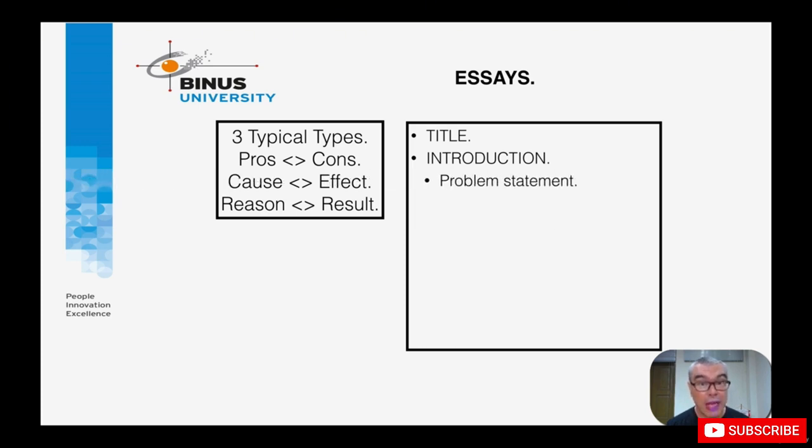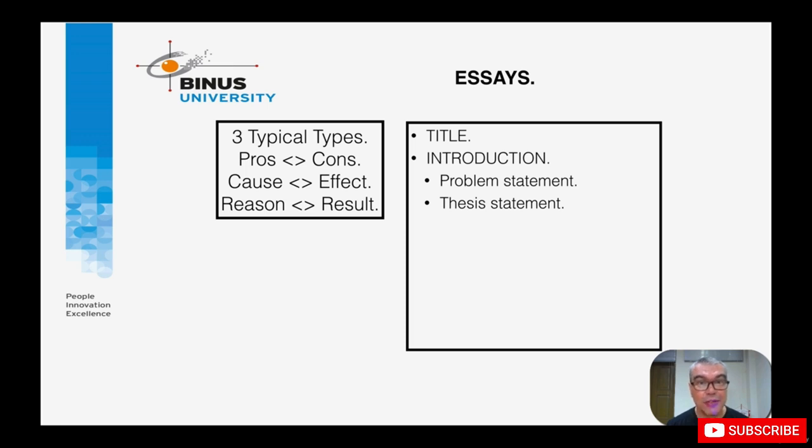So this is where you unpack the title or problem that you have been set. You identify the issues and describe it in your own words. And then you need a thesis statement. So the thesis statement tells the reader what your essay is about and how the essay is structured.